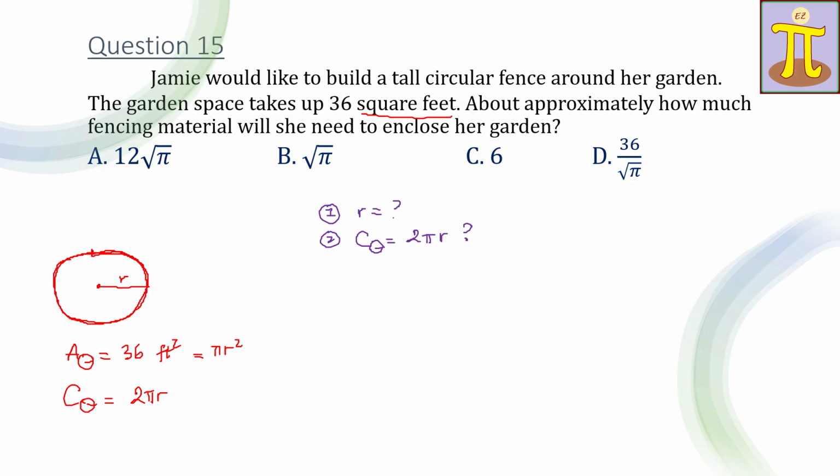So we have a hint saying that pi r squared, that is the area of the circle, is 36 square feet. Let's ignore the unit right now. Okay, focus on the numbers. So to solve for r, what we do is we divide both sides by pi.